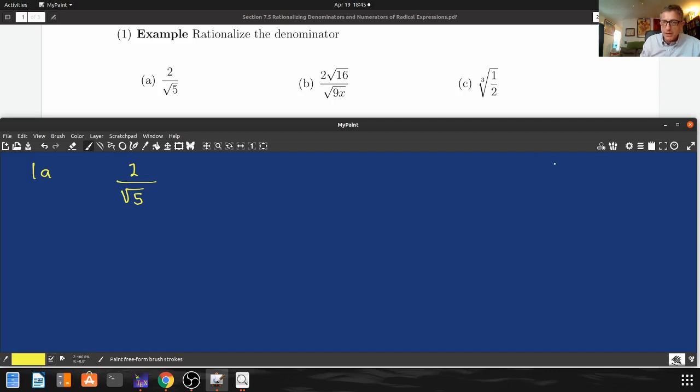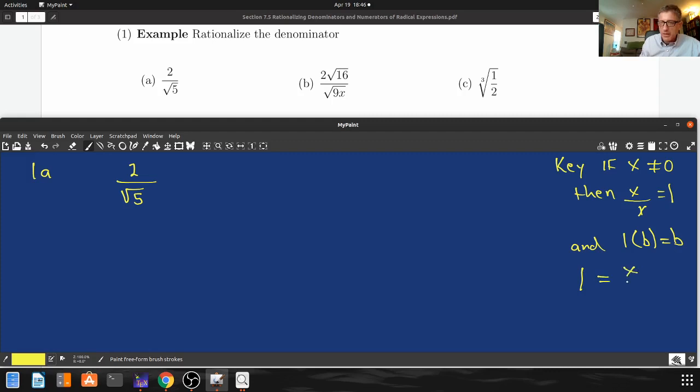So here is one of our keys. If x is not equal to 0, then x divided by x is equal to 1, and 1 times b for any real number b is equal to b. That's the multiplicative identity of 1, and 1 has many disguises.